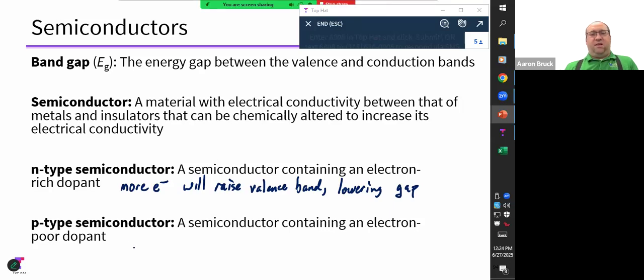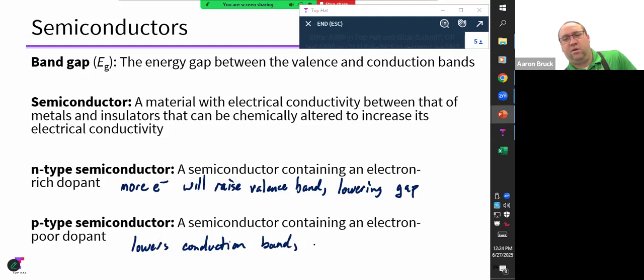A p-type semiconductor contains something that is electron poor, and what this does is this lowers the conduction band, making the gap smaller.